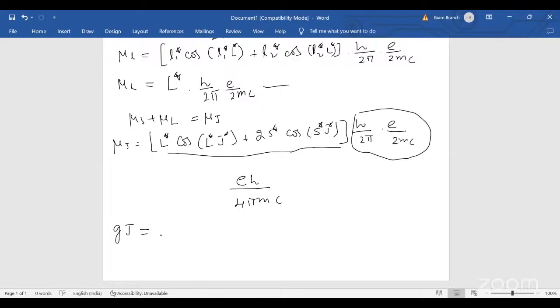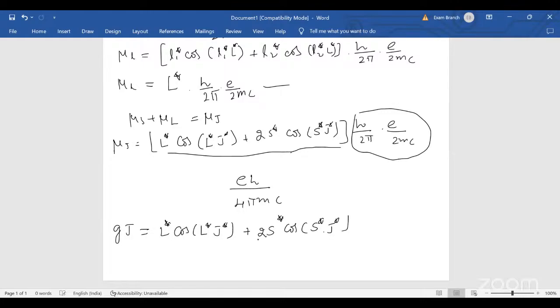Therefore, here we have L star cos of L star J star, and similarly 2 S star cos of S star J star.